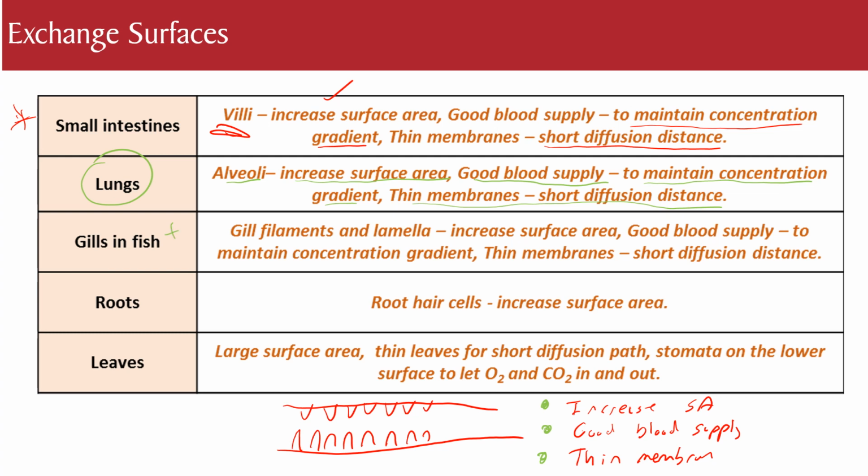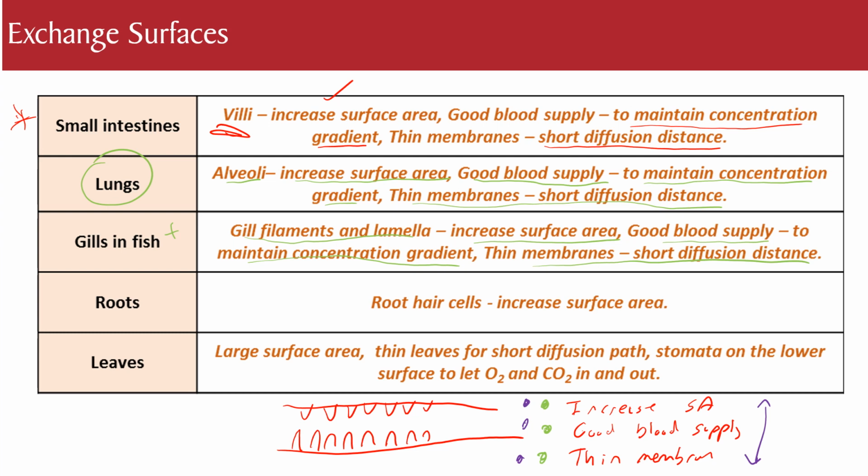Gills of a fish increase the surface area. They have a good blood supply to maintain the concentration gradient and thin membranes for a short diffusion distance. So gills of a fish have exactly the same thing. If ever you see exchange surfaces in any question, they are your three answers: increase the surface area, a good blood supply to maintain the concentration gradient, and thin membranes to allow a short diffusion distance.